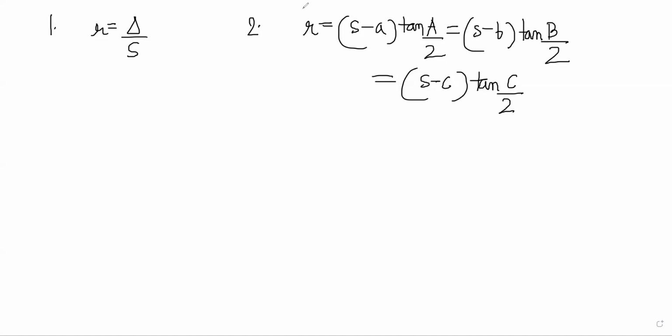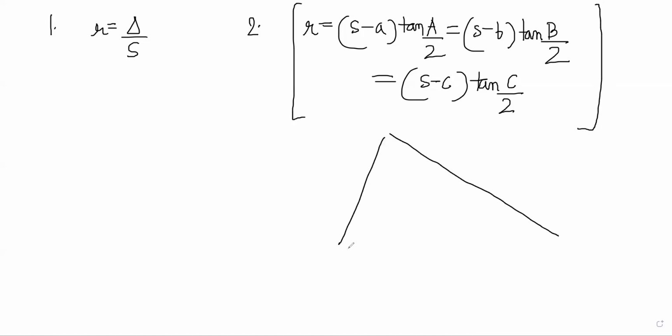How did we get this formula? Like we go to that angle C by 2, and we already know that the corresponding side will be S minus C. How do we know that already? Why? How did we get that? By the tangent law.